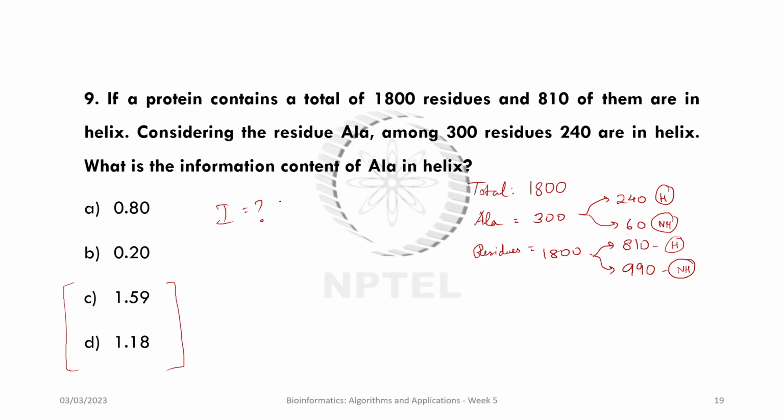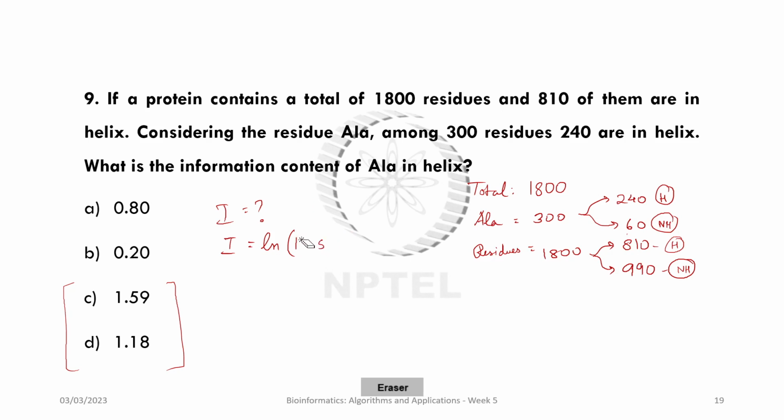So, for people who are confused with this question, I is given by the ratio of ln of probability, or I think you can go with probability of SS.